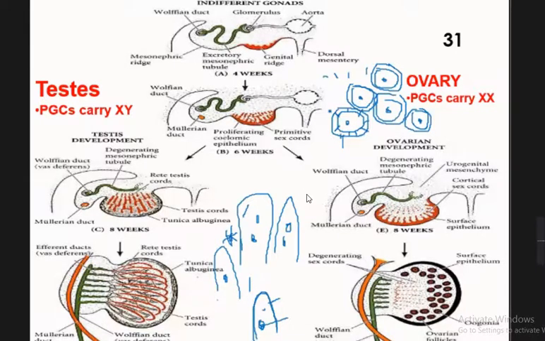And this is what we shall eventually call the primordial follicle. And it is this that will kickstart the process of oogenesis.